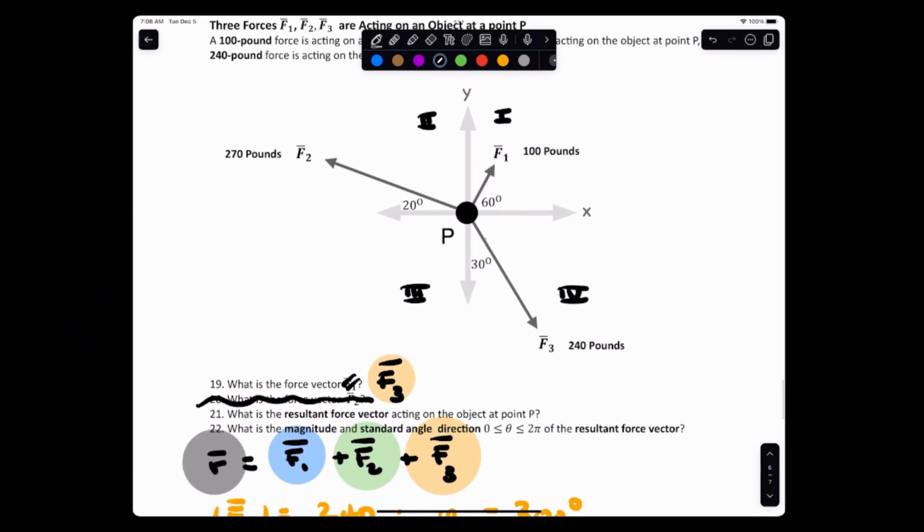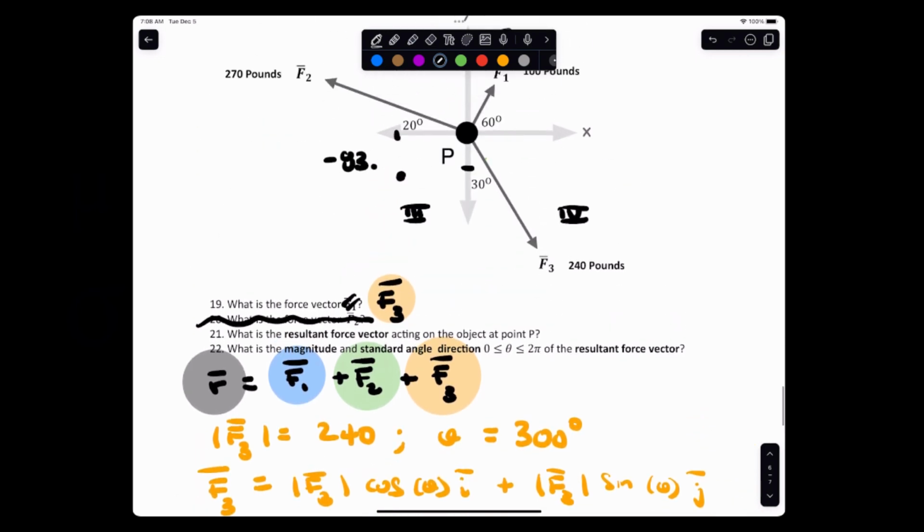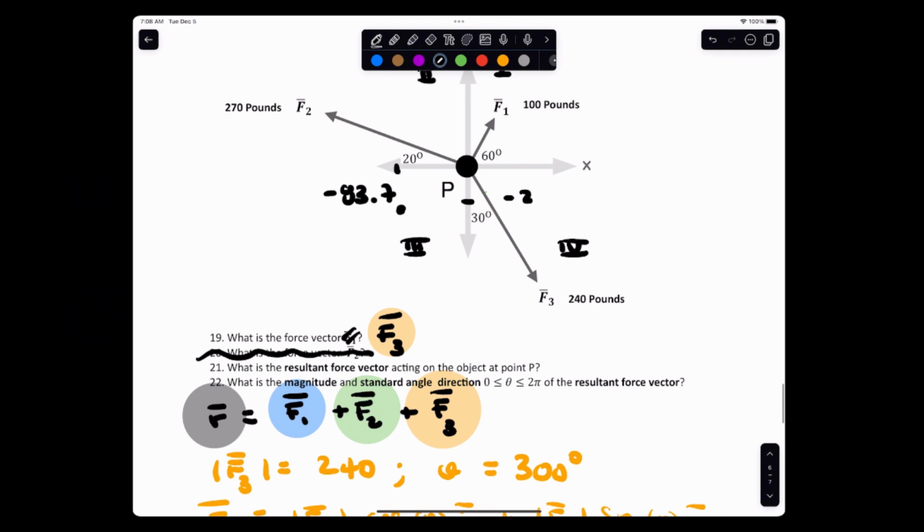So .7, and then negative what? 28.9. Okay. And let's call that, let's do this in purple. How's that? Maybe we can see it better in purple.